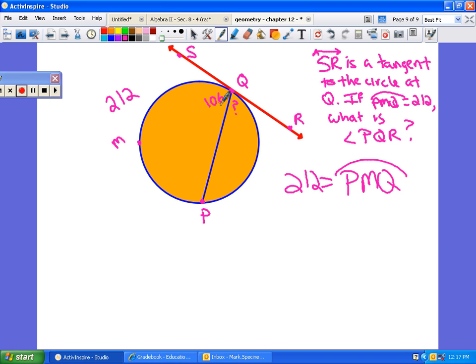So how do we use that information to find the measure of the angle that we're actually looking for? Alan. Okay, who can help Alan? Micaiah.